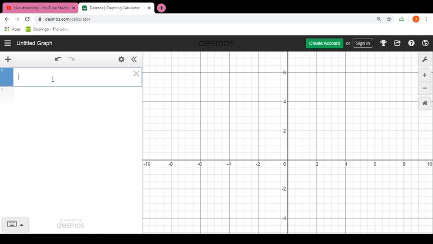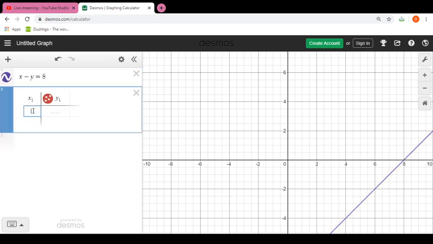Our first equation is x minus y equal to 8. And the table that you have prepared for it, you have taken x equal to 8 and y equal to 0. We will check whether these points actually lie on the line or not.